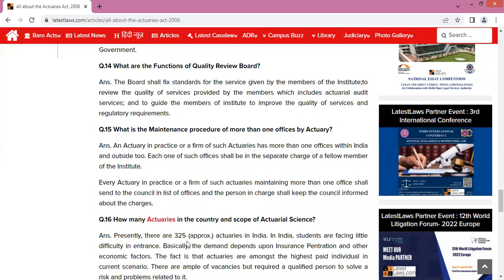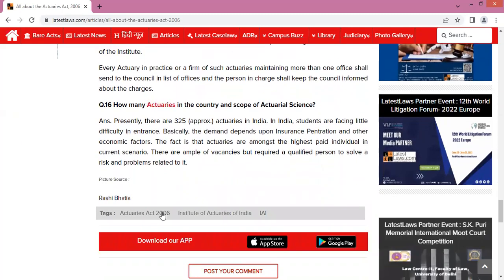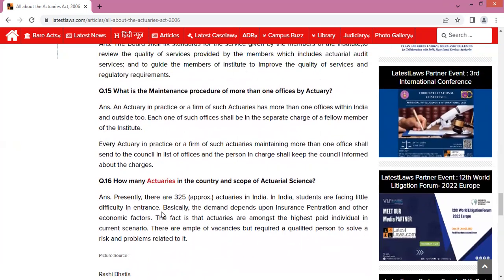Now, how many actuaries are in the country, and what is the scope of actuarial science? There are approximately 325 actuaries in India, and students face difficulty in entrance exams. The demand depends upon insurance penetration and other economic factors. The fact is that actuaries are amongst the highest paid individuals in the current scenario, and there are ample vacancies but they require a qualified person to solve risks and problems related to it.